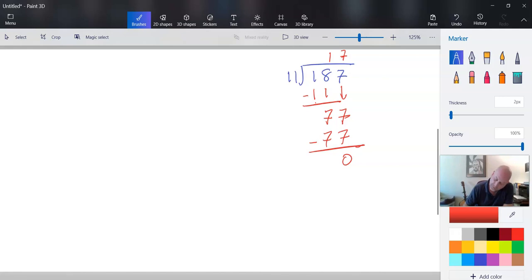Now, let's look at the following polynomials. Let's say, and I just want to point out that this gets written several different ways, so I'm going to write it the different ways. Let's say I have x squared plus 8x plus 7, and I want to take that and I want to divide it by x plus 1.